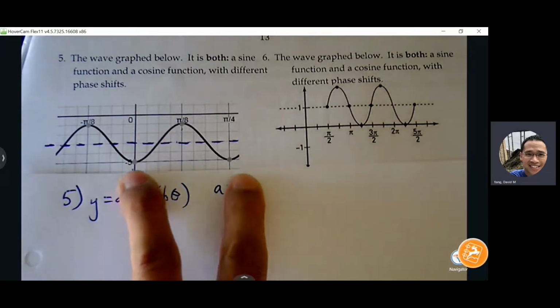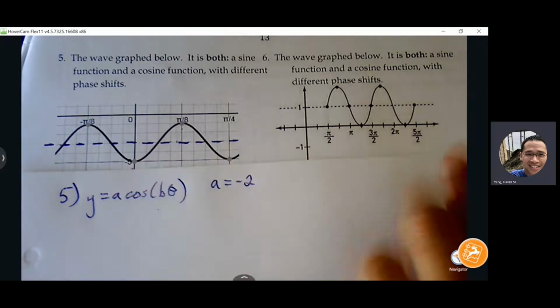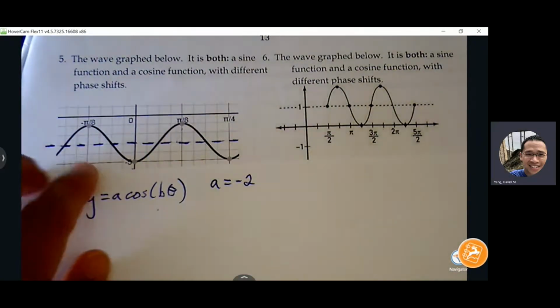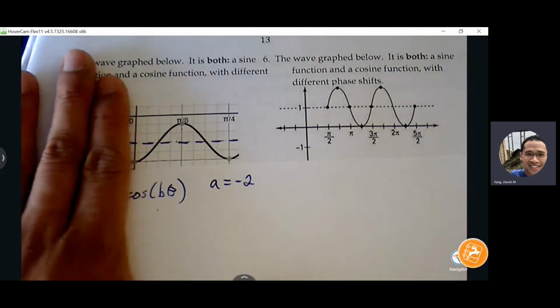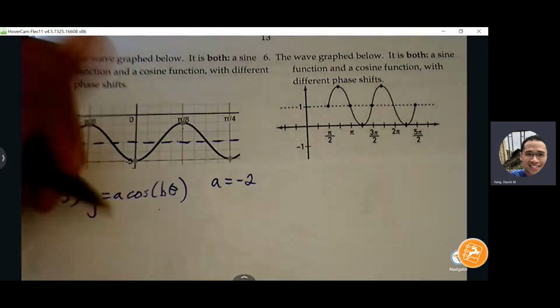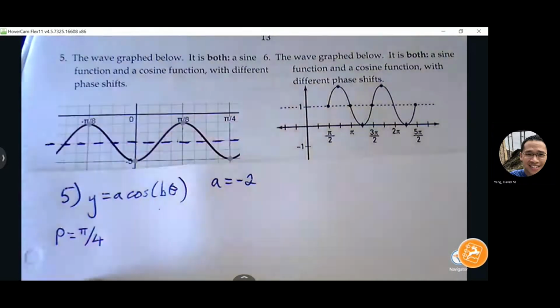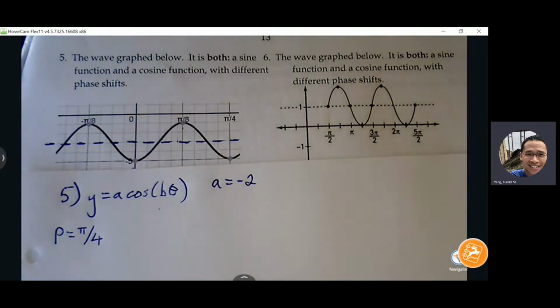So is this the full cycle right here? Yeah, it is, right? So right now, it looks like it's showing us 2 cycles. We only have to go 1 full cycle. So what's the distance of 1 full cycle? 4π, right? Okay, so that's our period. Let's go through our formula to find our B value.